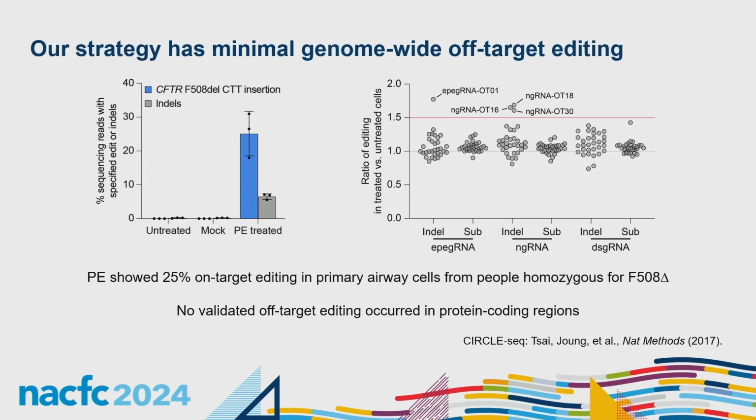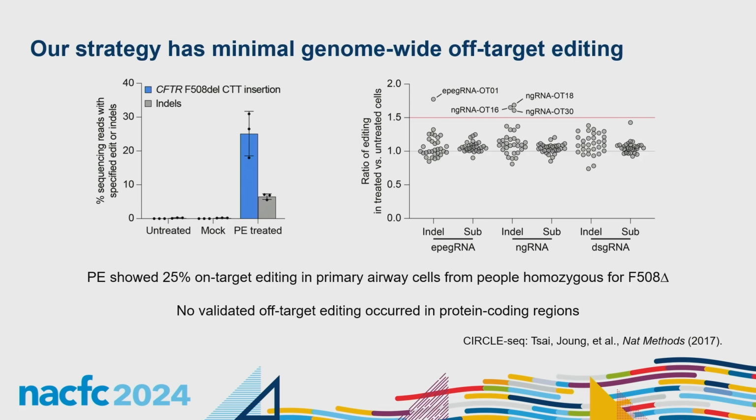Once we had this strategy in hand, we handed off our strategy to Paul McRae's group, who edited primary airway cells from people with CF that were homozygous for F508del. We got about 25% editing. We also performed an experimental off-target nomination method called CircleSeq to identify potential regions within the human genome that were edited off-target with our 3 guide RNAs, the EPEG, the nicking guide, and the dsgRNA.